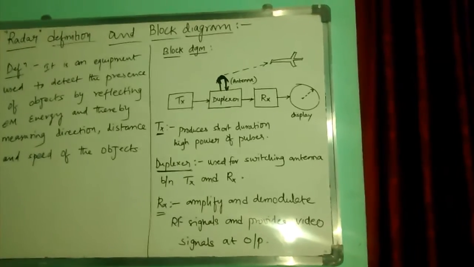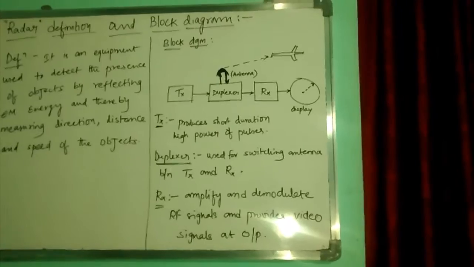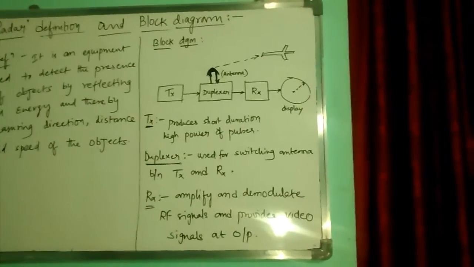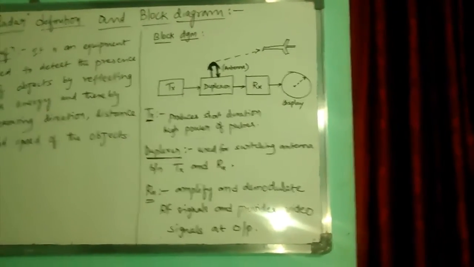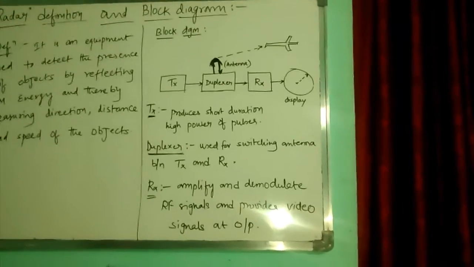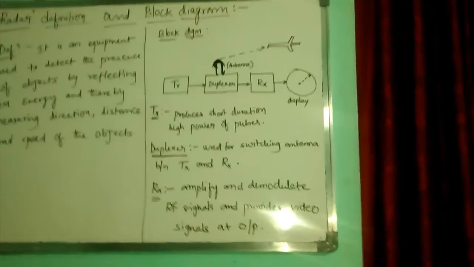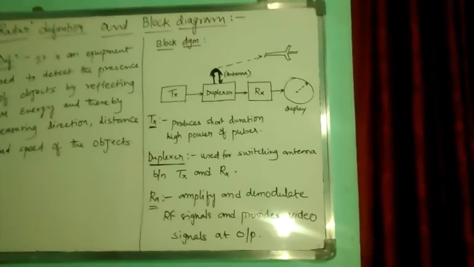Once the EM wave strikes the object, as the object is non-directional, it radiates in all possible directions. Some part of the energy is reflected to the receiver antenna, and from the receiver it is indicated on the display.